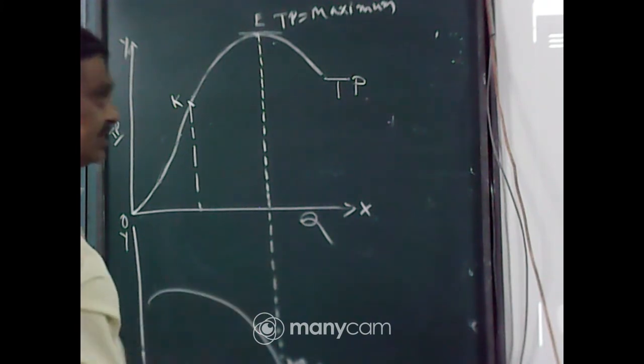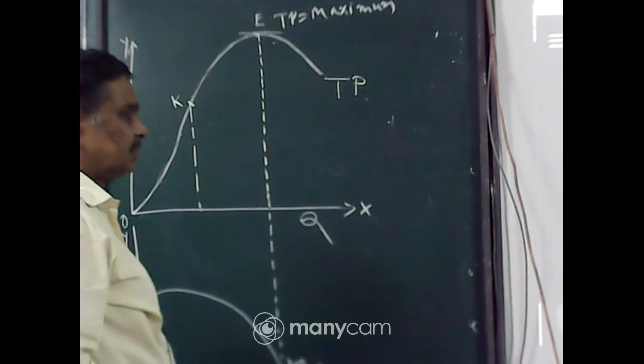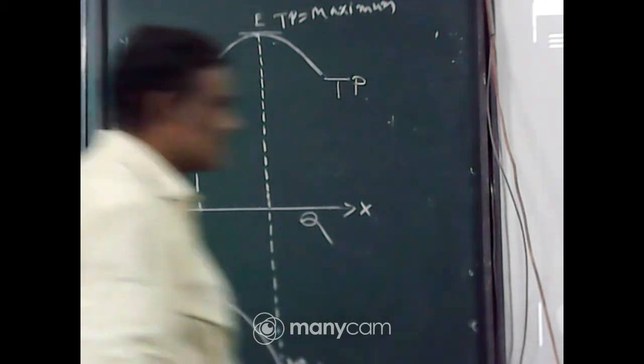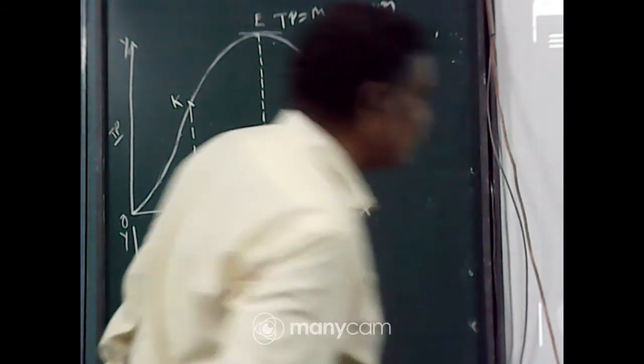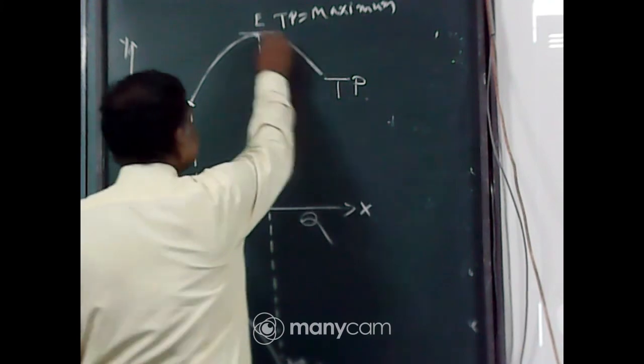If you have any question, you ask or write. I am here to explain. Any question you may ask. Yes, sir, clear. So, I think it is clear that total product is maximum.